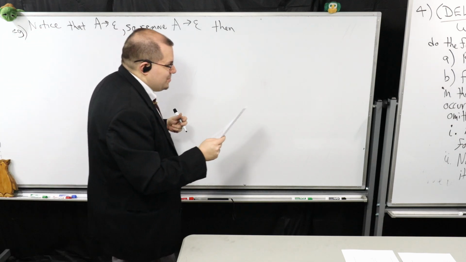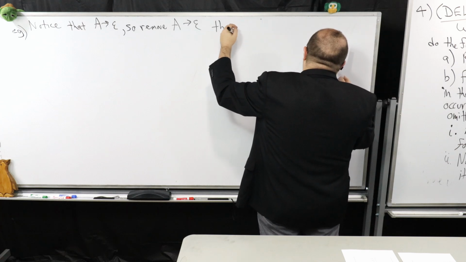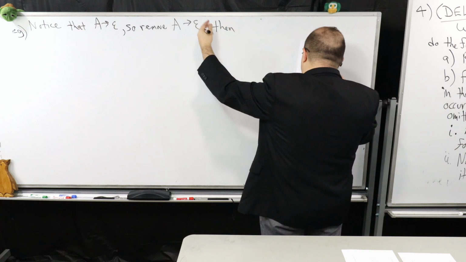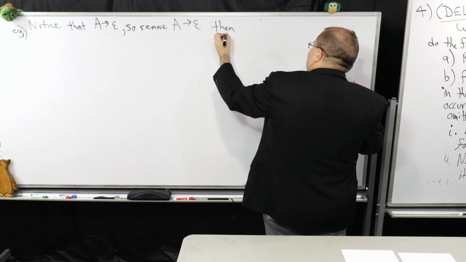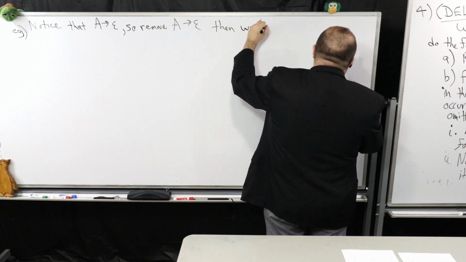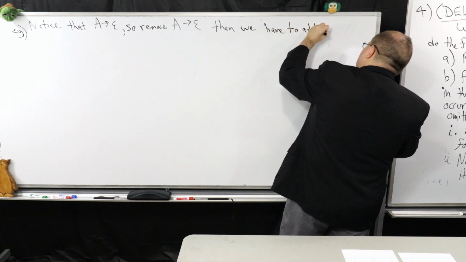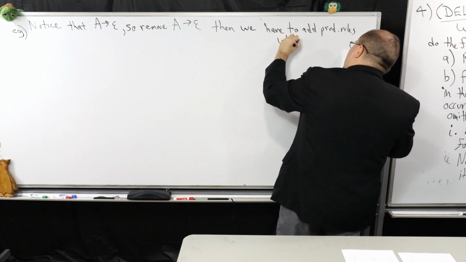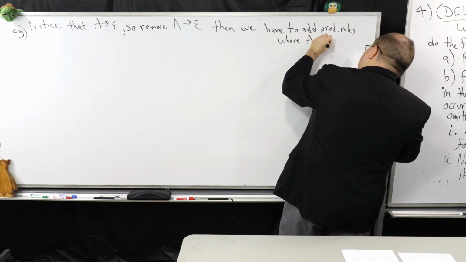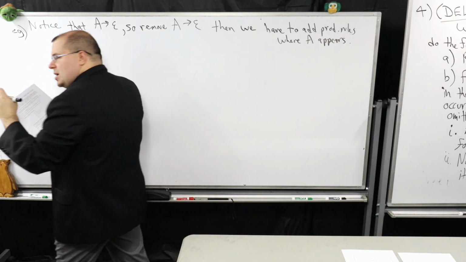So now this is where you have to be careful. I'm just going to go boom, boom, boom through them, then I'll give you the context-free grammar here. Then we have to add production rules where A appears. There's going to be 3 spots where they happen.